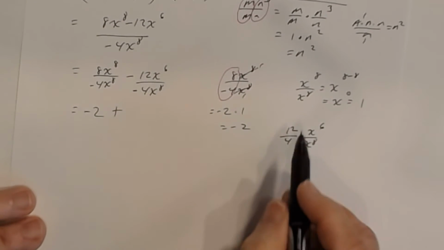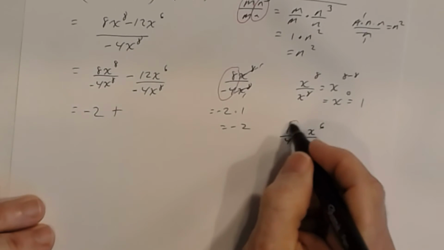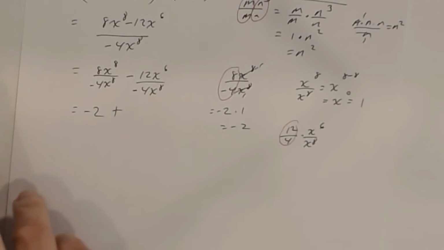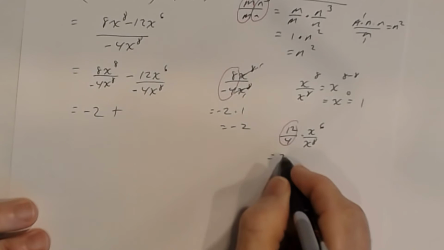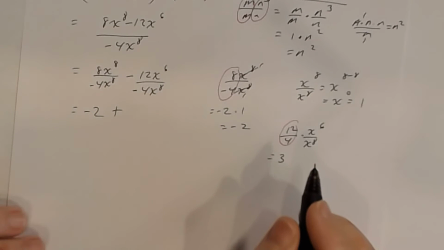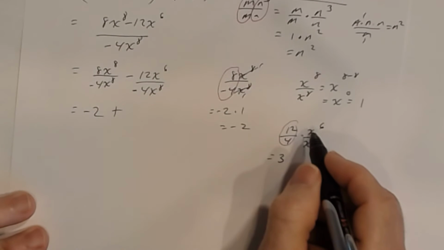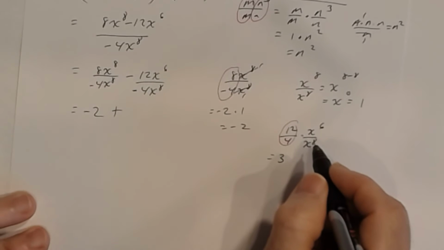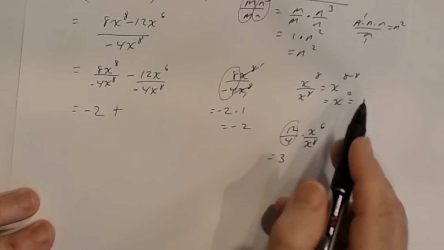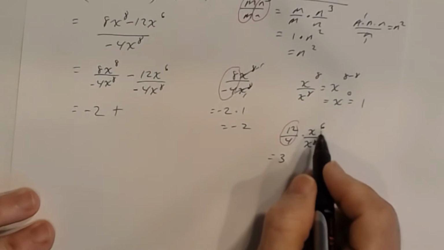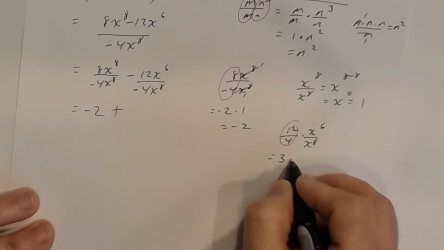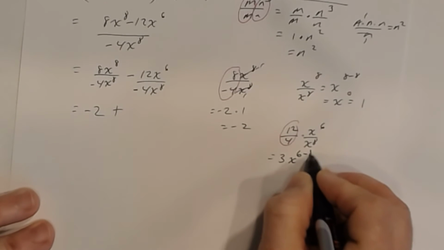All right, now this part is easy. 12 divided by 4 is 3. Okay, now listen to this. This is x to the 6 divided by x to the 8. So if I use the idea of dividing like bases, subtract exponents, I want you to see what happens. This is x to the 6, subtract 8, right?